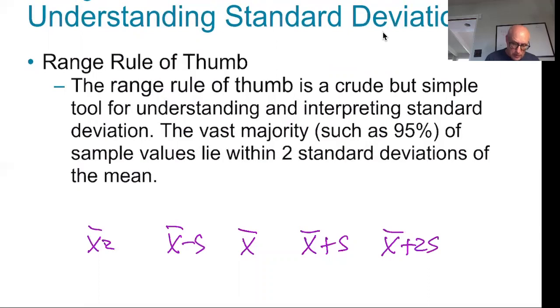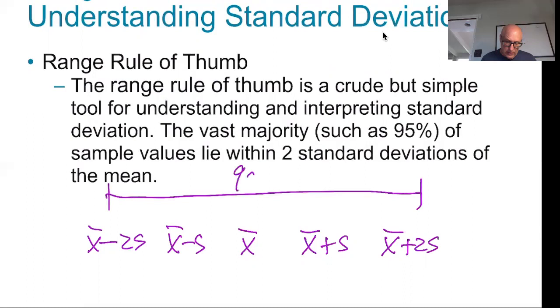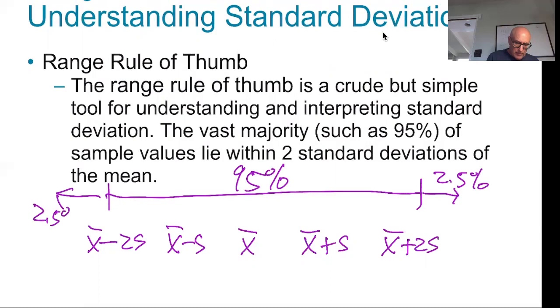That should be subtract. Saying that most of the data values fall in here. So out here, there would be 2.5%. Out here, 2.5%.